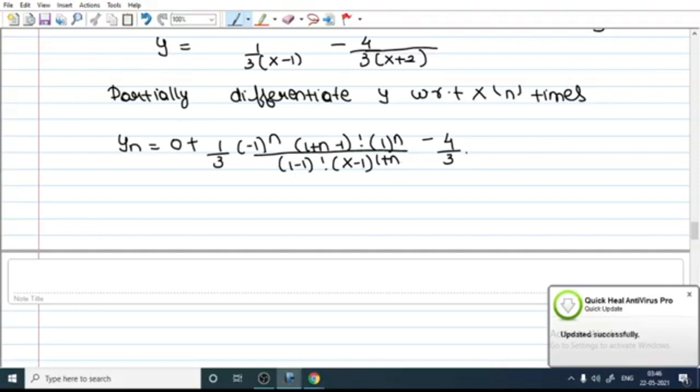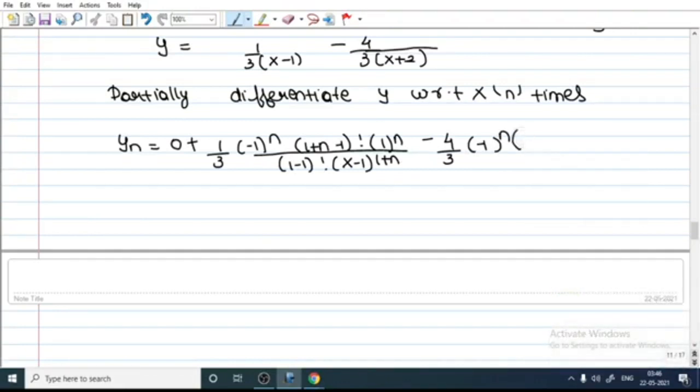Okay, minus 4 by 3 into minus 1 power n into 1 plus n minus 1 the whole upon factorial into 1 power n, the whole upon, we are going to get minus 1 power m minus 1, so this will be erased and we will just simplify this.